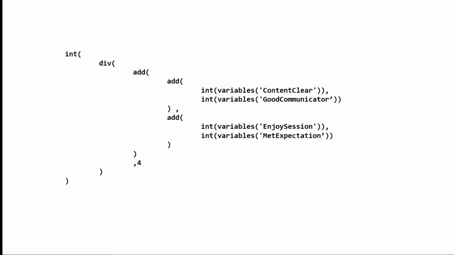The add action only accepts 2 fields. So I need to use a combination of add expressions to sum 2 and then sum another 2, and then divide the group of these sums by 4, and convert to integer. In this case, I want the integer, not the decimal part.